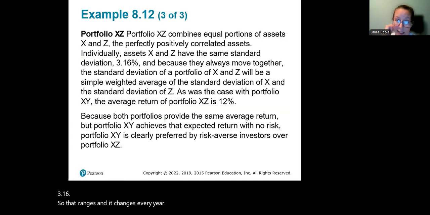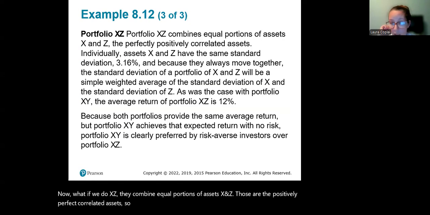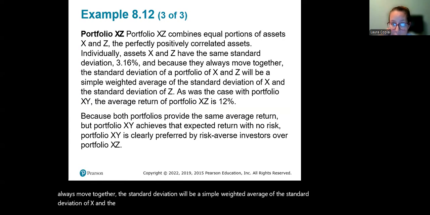Now, what if we do XZ? They combine equal portions of assets X and Z. Those are the perfectly positively correlated assets. So they have the same standard deviation as well, 3.16, because they always move together. The standard deviation will be a simple weighted average of the standard deviation of X and the standard deviation of Z. As was the case with XY, the average return is also 12%.